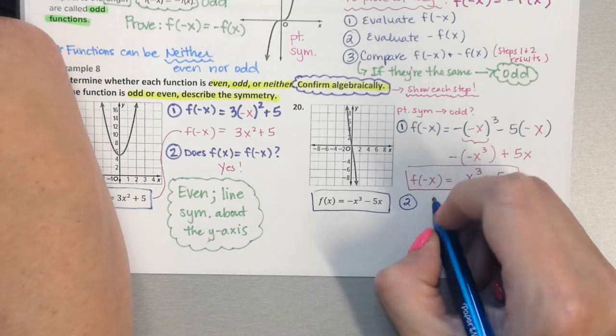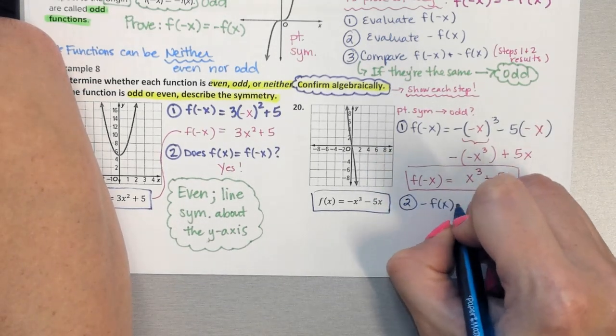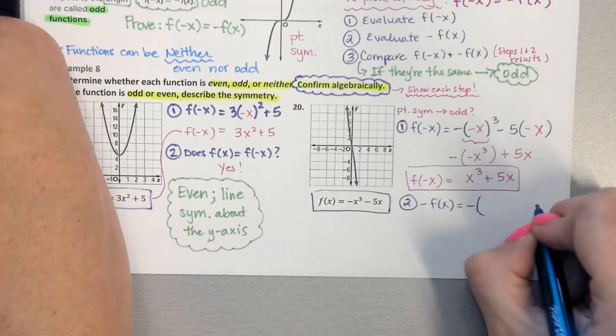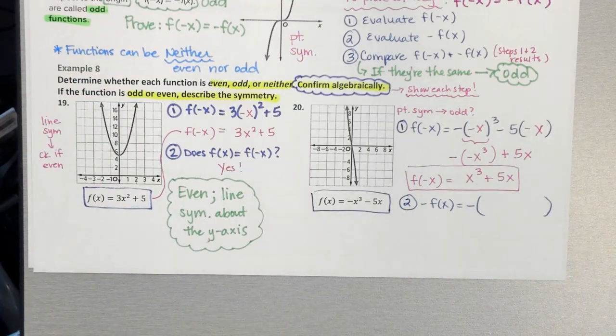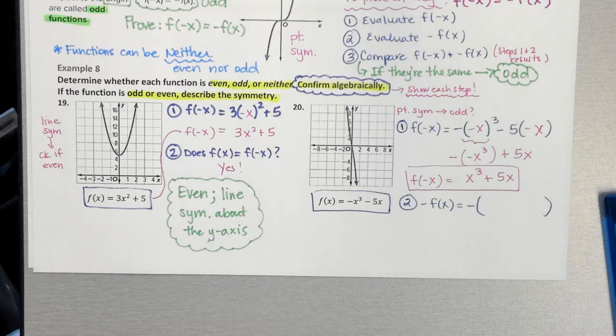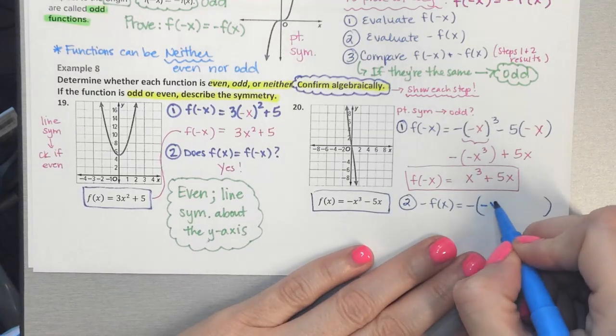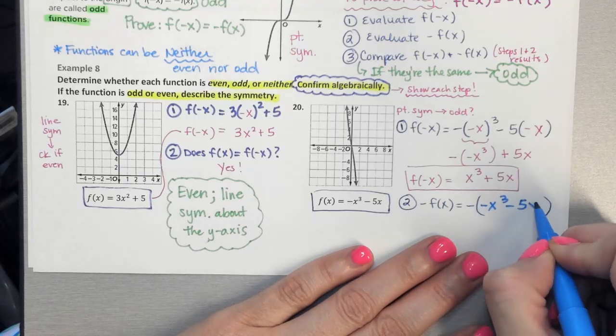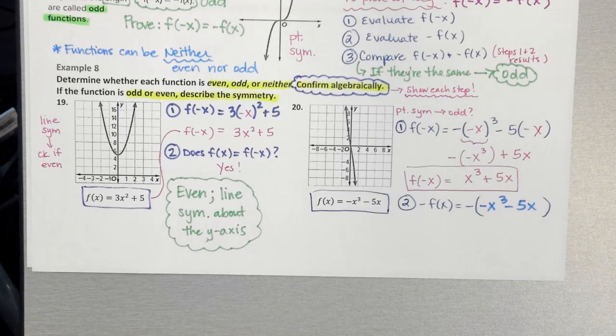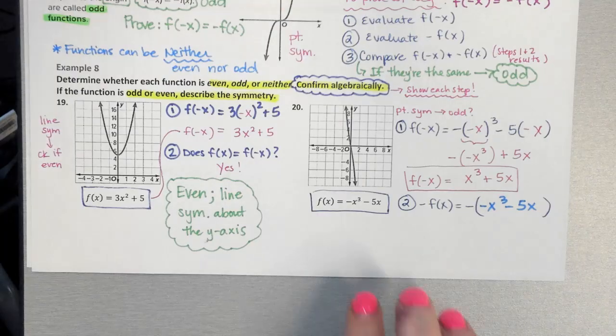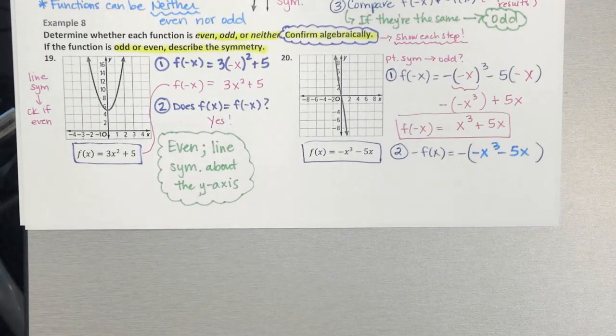Okay, and then my second step is negative f of x. So it's negative, and then in parentheses, we have this, and I want you to go ahead and try to do the second step. We got it.